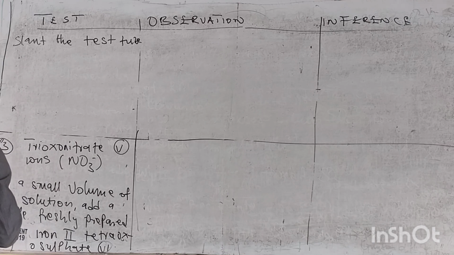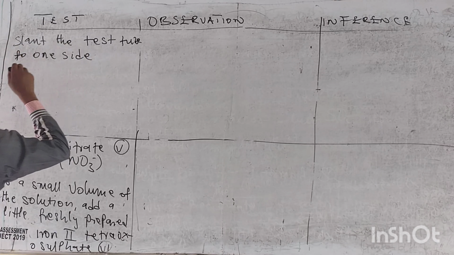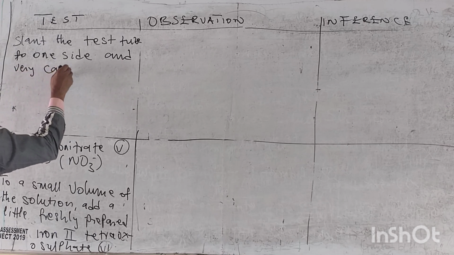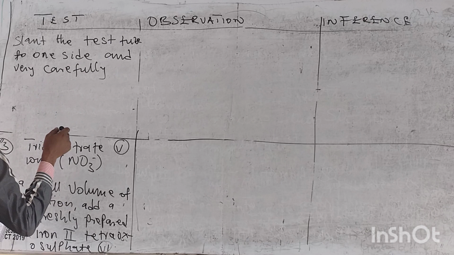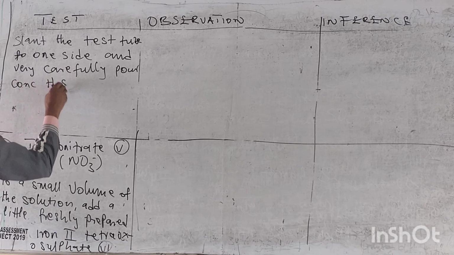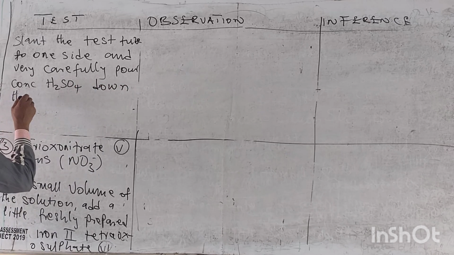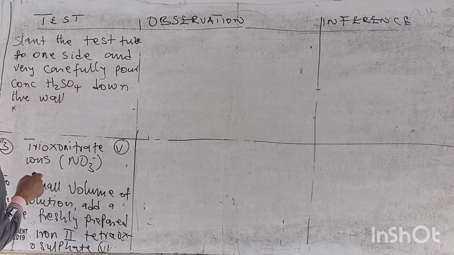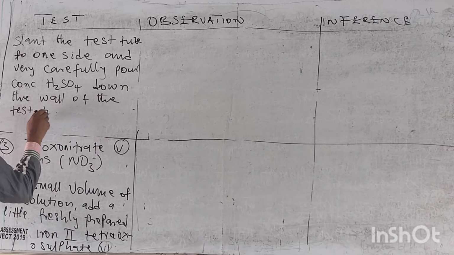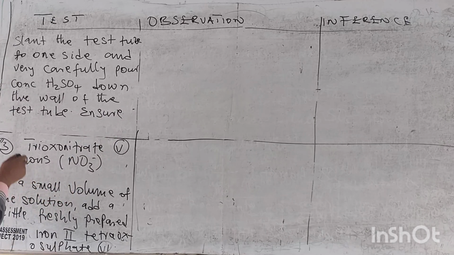Slant the test tube to one side, and very carefully pour concentrated H2SO4 down the wall of the test tube. Ensure that they don't meet.